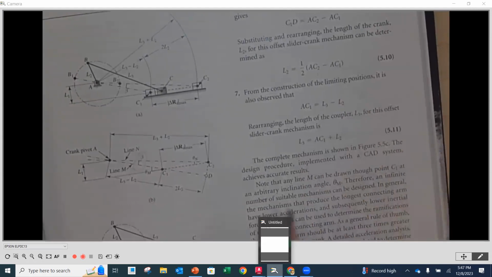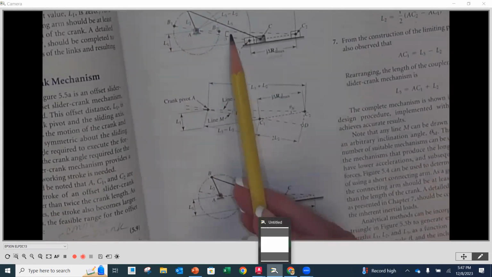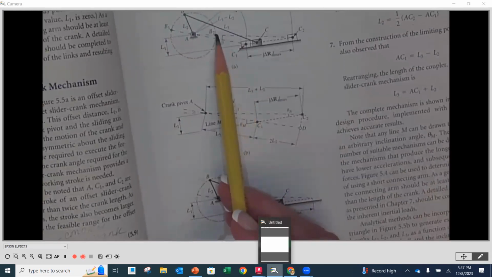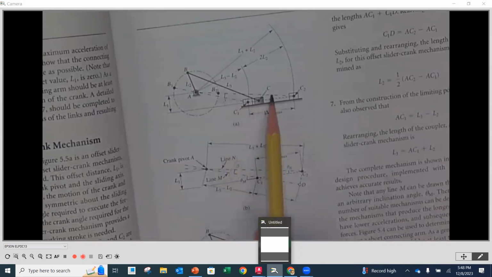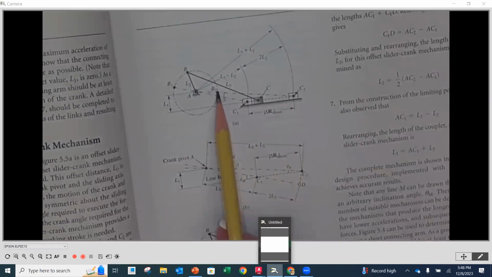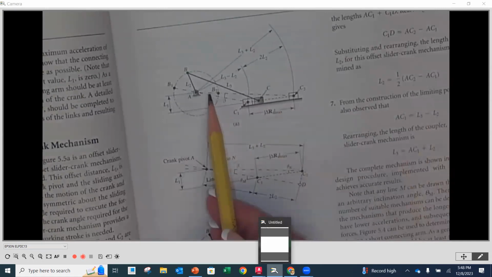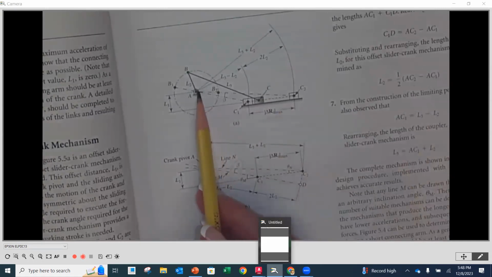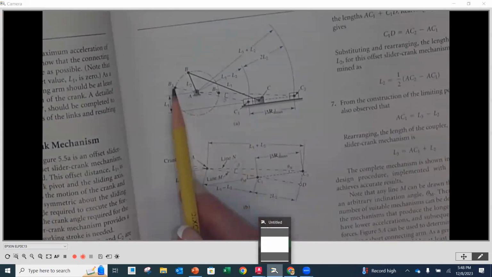So let's look at that. L3 is going to be from here to the outermost position, and then it's going to be adding L2, which is the length of the crank. So L3 is going to be equal to AC1 plus that L2.